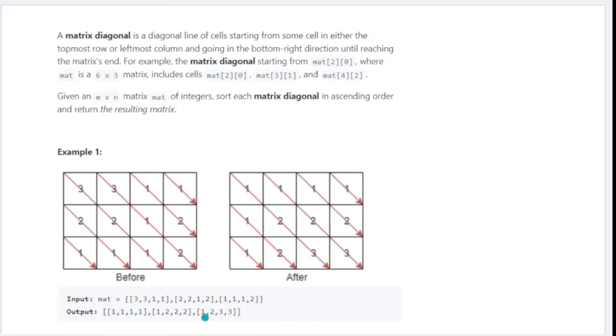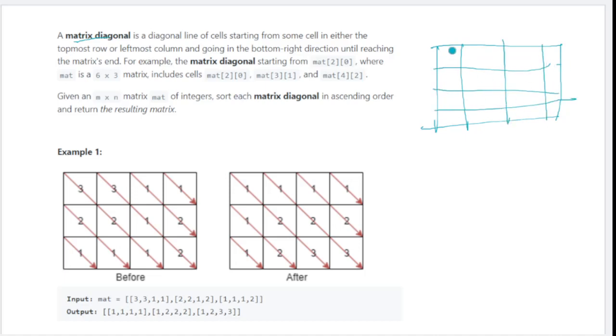Now let's see what the question says. The question says we have a matrix diagonal. So what is a matrix diagonal? If you have a matrix, a diagonal is anything that starts from one endpoint and goes down to the bottom right. If it starts from the left, it goes down to the bottom right.